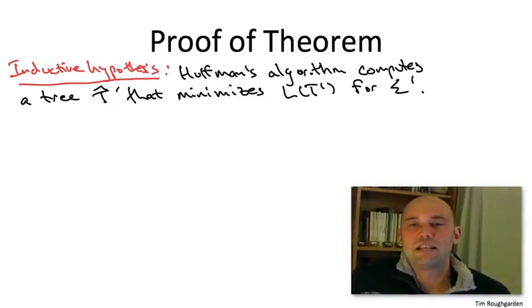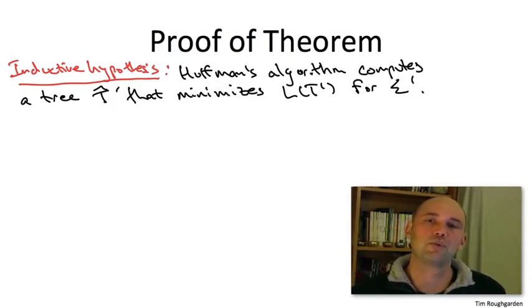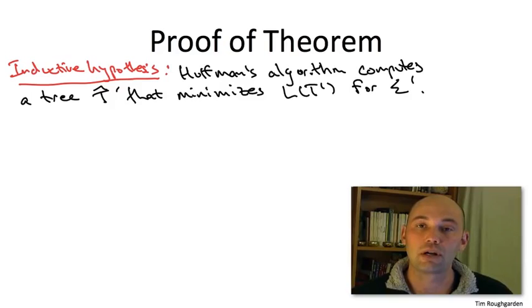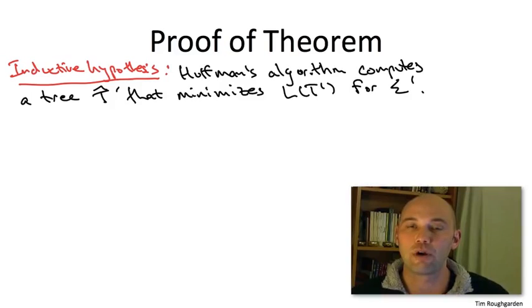But what did we learn on the last slide? We learned that there's a one-to-one correspondence between feasible solutions, between trees for the smaller subproblem with the alphabet sigma prime, and feasible solutions to the original problem, the one we care about, that have a certain form, in which it just so happens that A and B are siblings, that they share a common parent. Moreover, this correspondence preserves the objective function value, the average encoding length, or at least it preserves it up to a constant, which is good enough for our purposes.